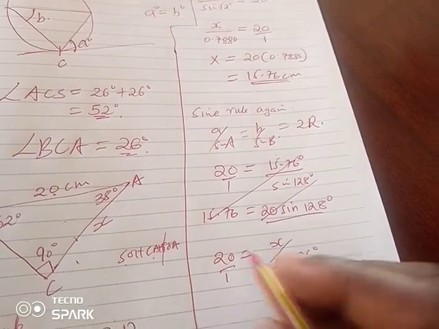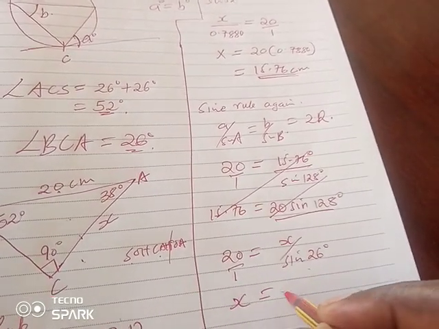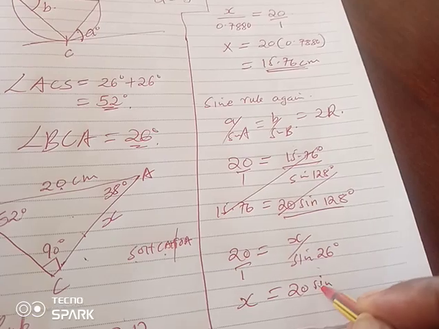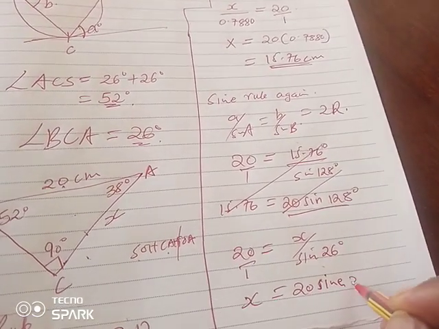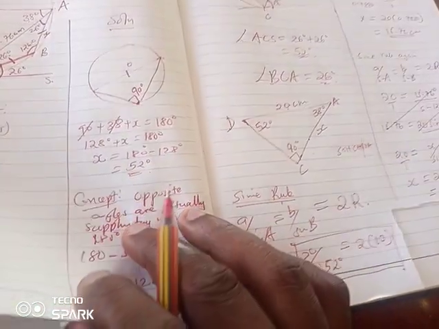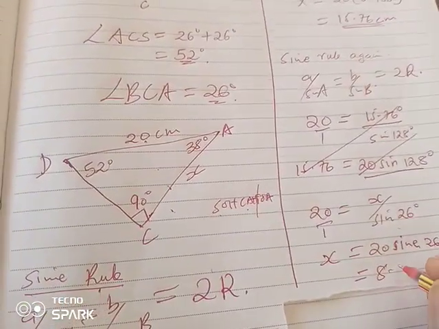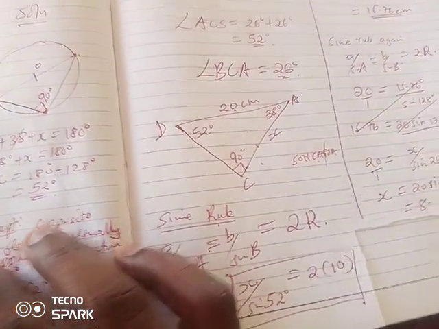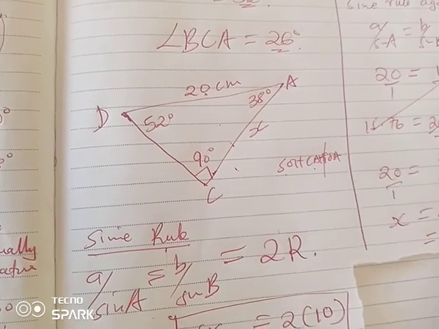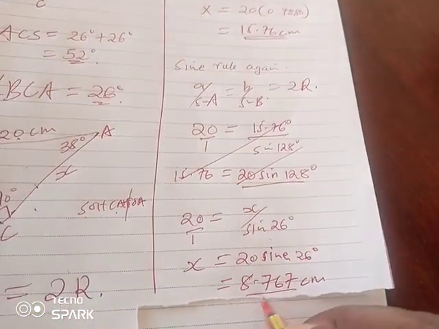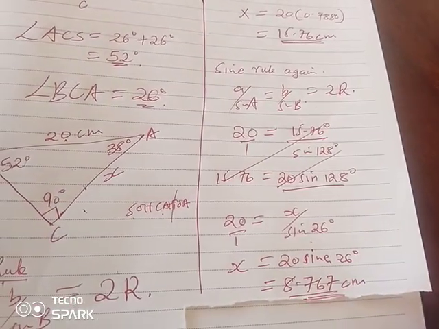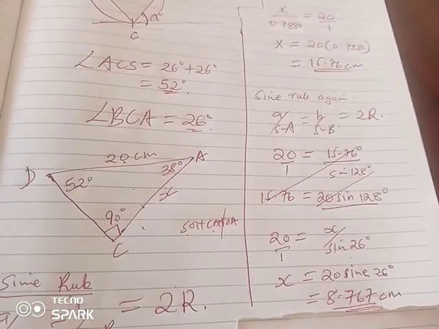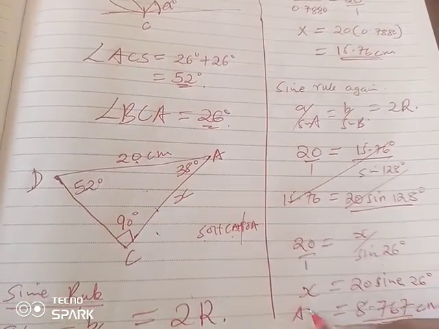So as we cross multiply this, we shall be having x as 20 sine 26, which we shall get as 8.767 centimeters. 8.76 centimeters, and that is our length AB.